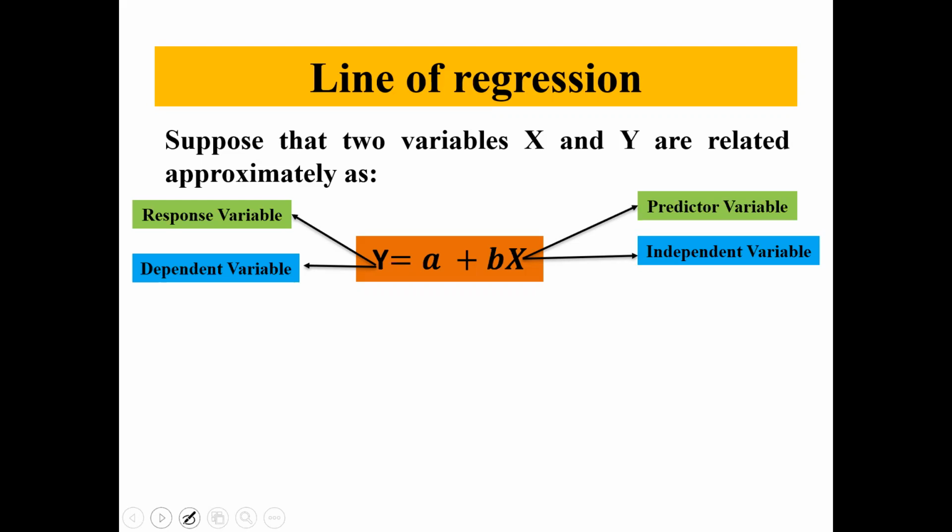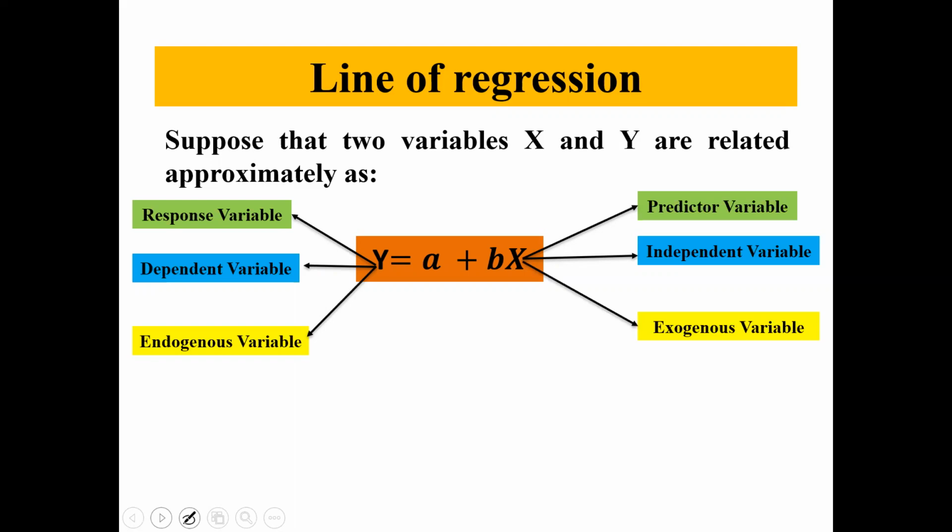If it is appropriate to think of x as determined independently of the equation and to think of y as explained at least in part by the equation, then x is often called an exogenous variable and y an endogenous variable.